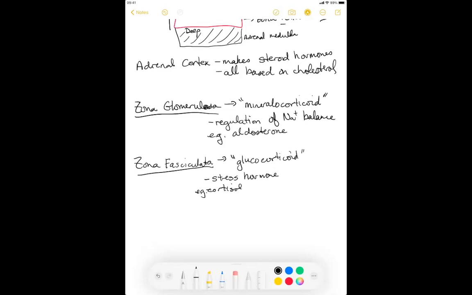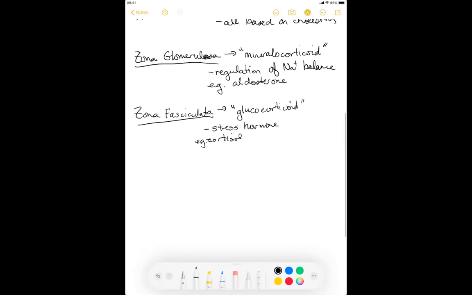The zona reticularis makes a different type of steroid hormone. It makes the androgen hormones.